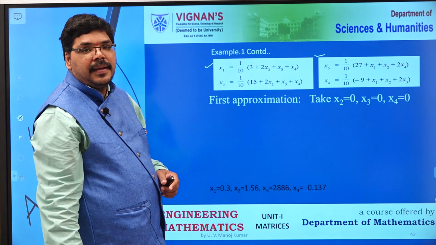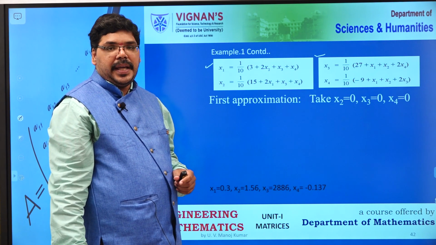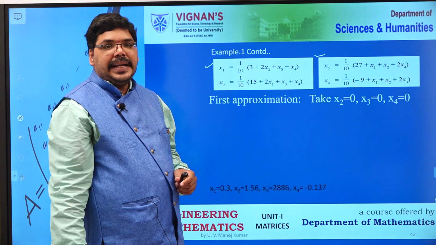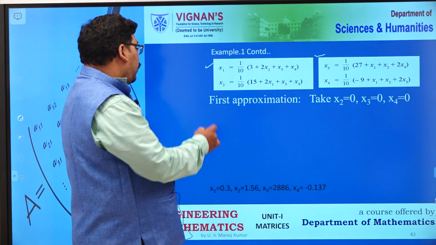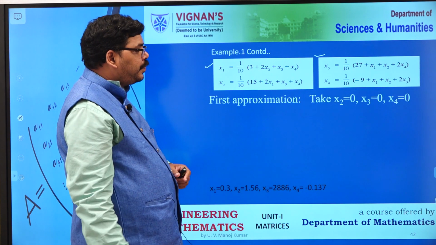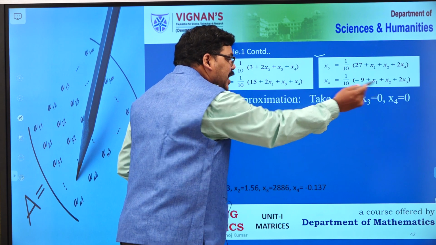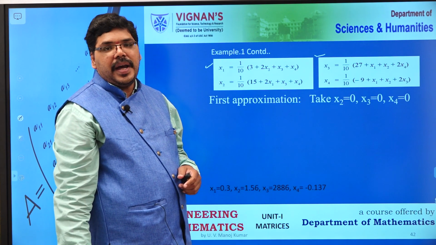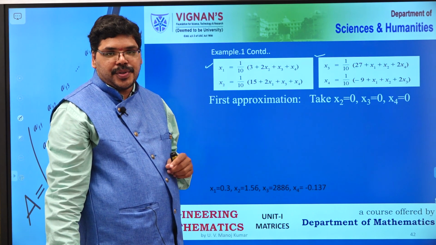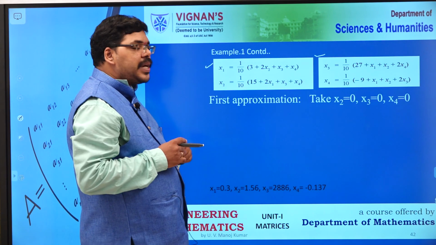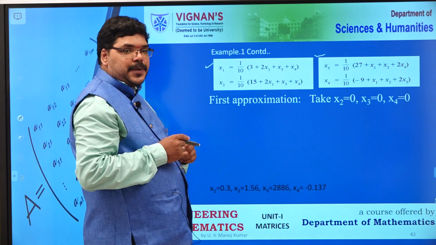So the x1, x2, x3, x4 expressions are there to calculate the iterative values for the unknowns. For the first approximation, we are assuming the values of x2, x3, x4 as zeros. So substitute those x2, x3, x4 in the expression of x1.